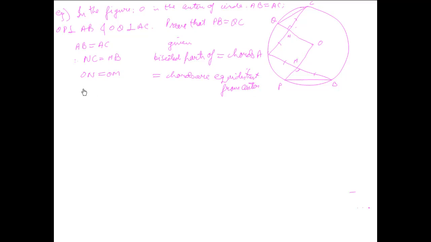Once we have this, children, we also know OQ equals OP, radii. Therefore, OQ minus ON will be equal to OP minus OM. That's NQ equals MP. That's, children, this part is equal to this part.